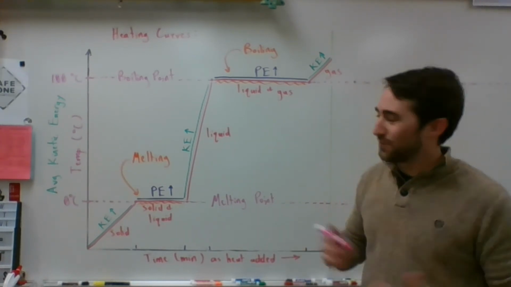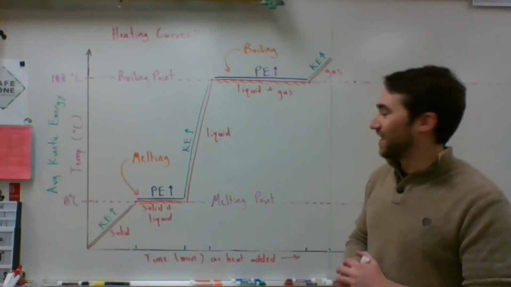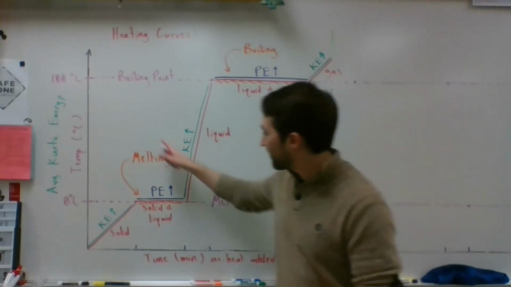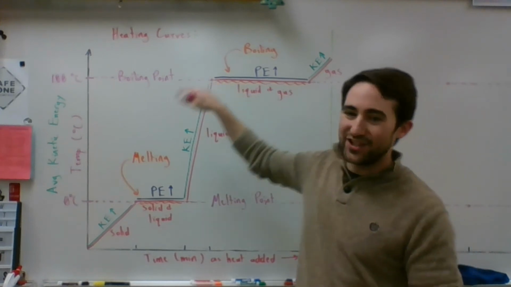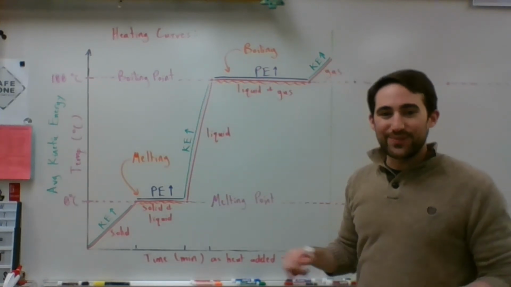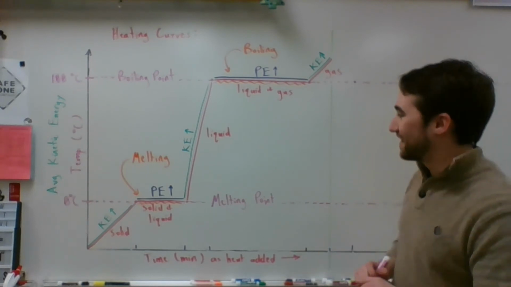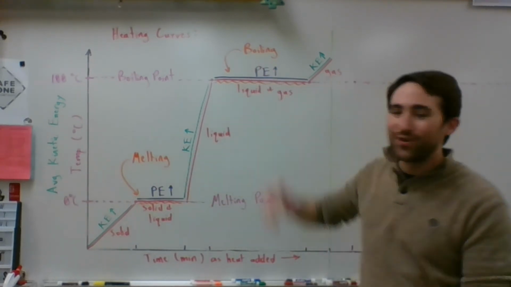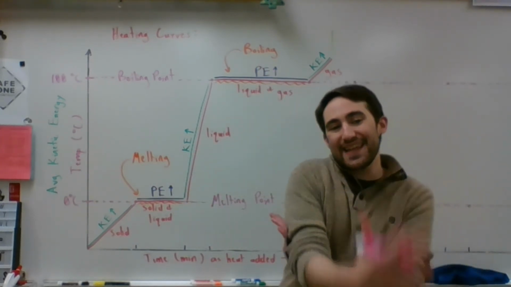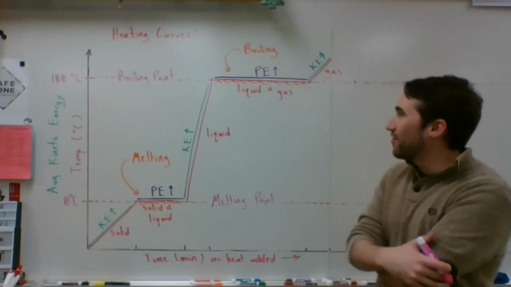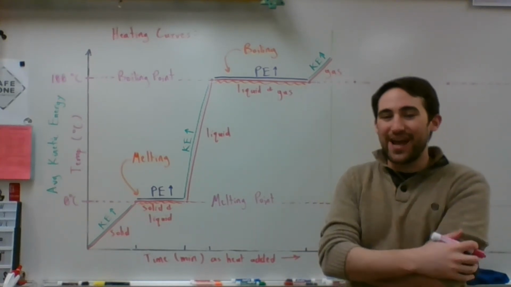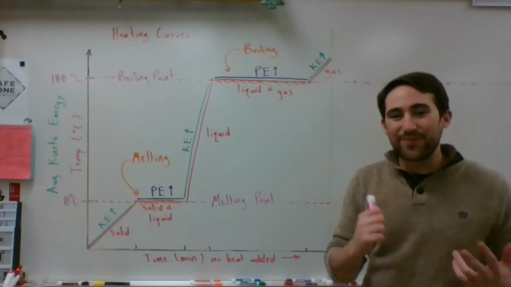Now, to add to this a little bit more, these phase changes can also be described by how we are moving around that heat. In this case, in order to melt or boil something, we need to add heat in to the substance. So if we are adding heat to make this change happen, we have a special name for this kind of phase change.